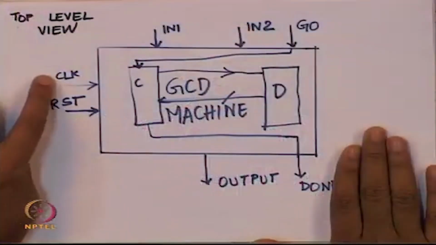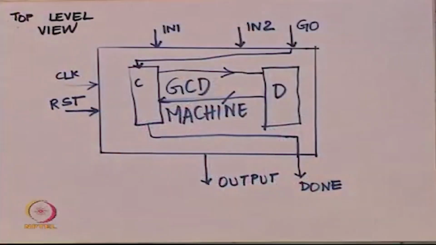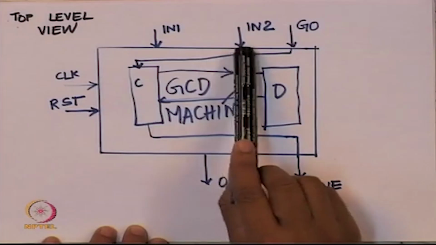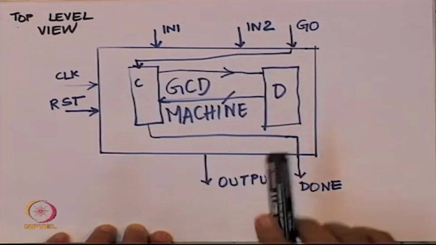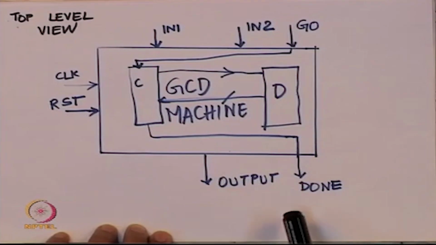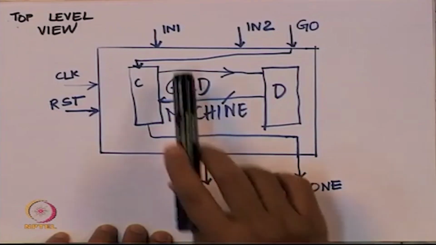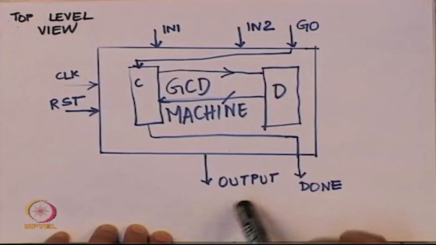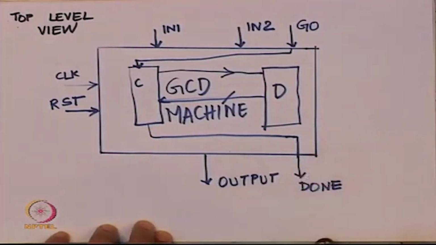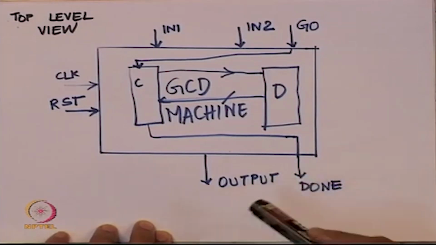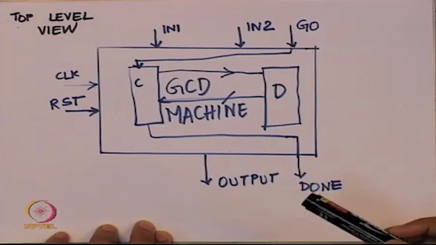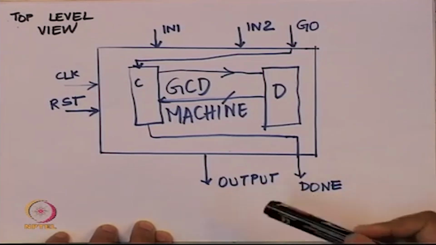So this is the top level module. The top level module has clock and reset, and it has three inputs: input 1, input 2 and go, and output and done. So one of the things that we have not talked about so far is the size of these inputs, because I am supposed to be calculating GCD of numbers, and numbers have width, as in the number of bits required to represent the decimal value.